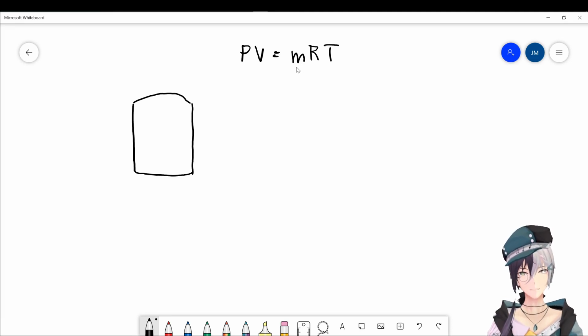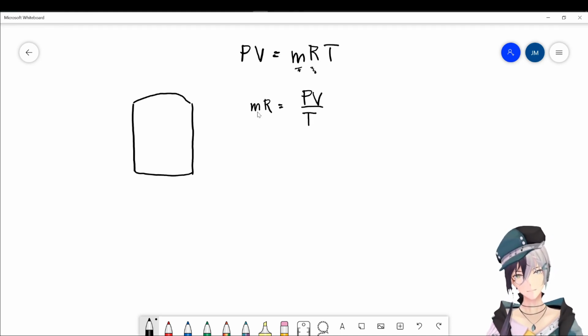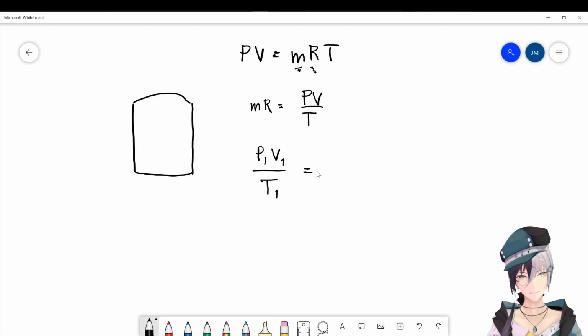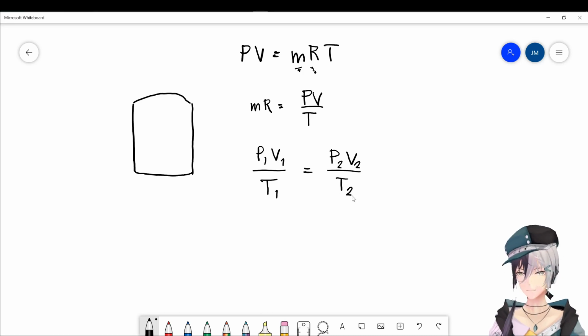Considering that mass is constant, and R is also constant, of course, then this can be expressed as mR equals PV over T. So from state 1 to state 2, it may be said that P1 V1 over T1 equals P2 V2 over T2.